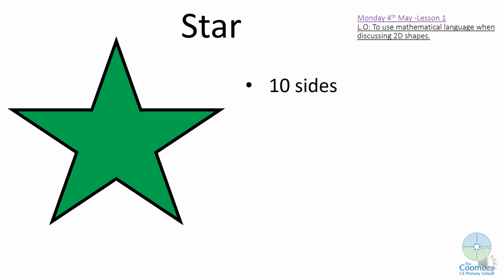Let's count them. 1, 2, 3, 4, 5, 6, 7, 8, 9, 10. And I wonder, the sides on this star, are they curved or are they straight? Well done, they're straight. So I'm just going to add on here that it is 10 straight sides.